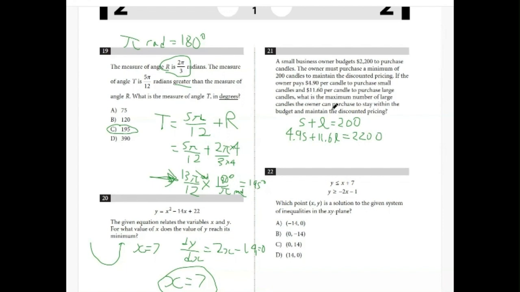If you solve this using a system of linear equations, you'll get S is equal to 18, L is equal to 182. It's asking for the large candles, so 182 is the correct answer.